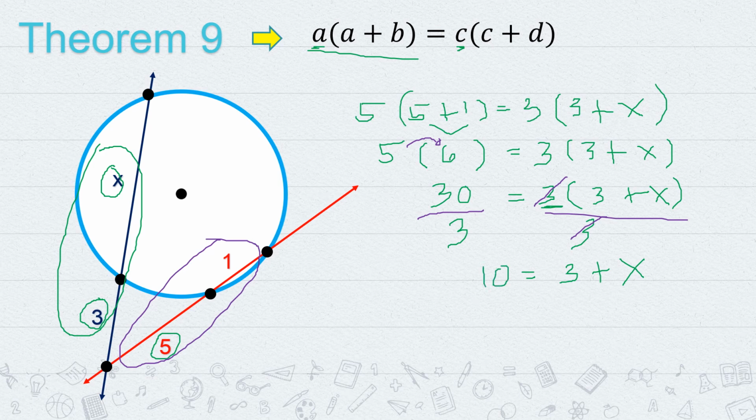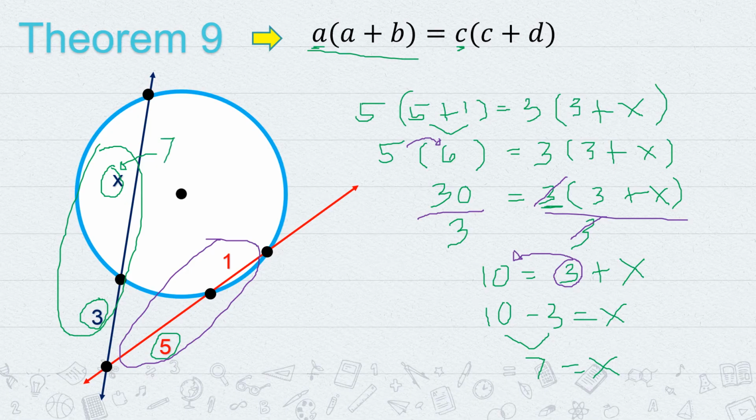The next thing, we are to transpose this positive 3 to the left side of our equation. So we do have now 10 minus 3 is equal to x. Simplifying 10 minus 3 gives us 7 equals x. Therefore, the unit measure of the interior secant of our blue secant line is 7 units.